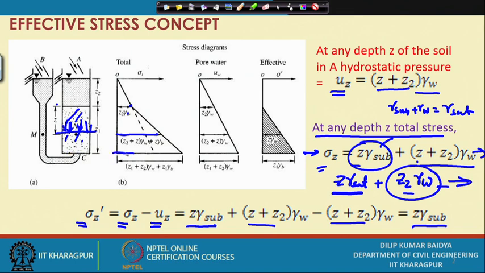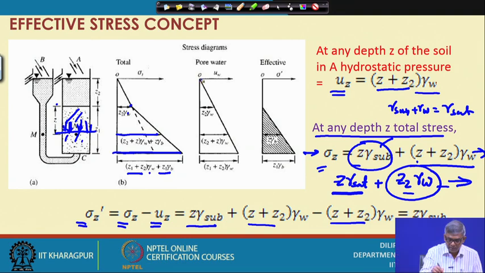At this depth it will be Z 1 plus Z 2 gamma W, that means both, plus Z 1 gamma submerged. And when you calculate water pressure, it will be linear, Z 2 gamma W at this depth, Z 1 plus Z 2 gamma W at this depth. Now, if I subtract from this to this, you can see it gets 0.